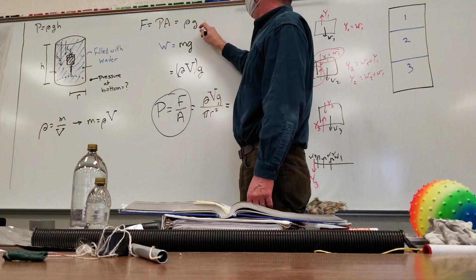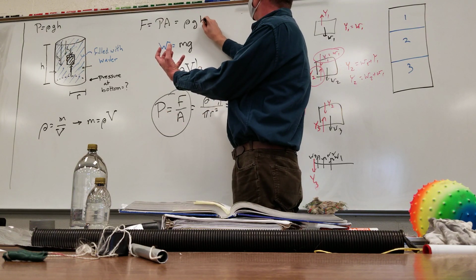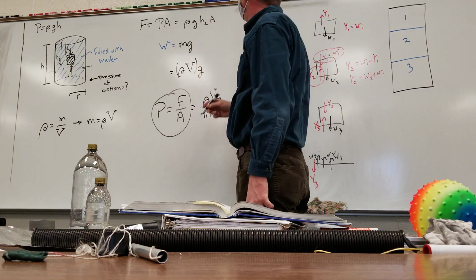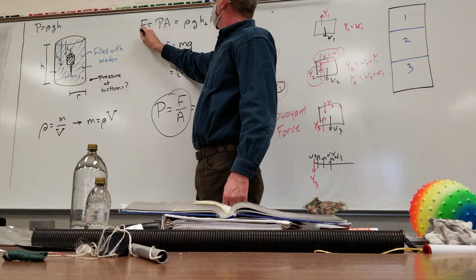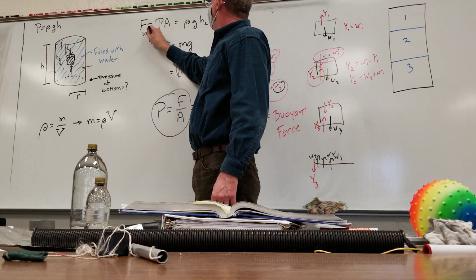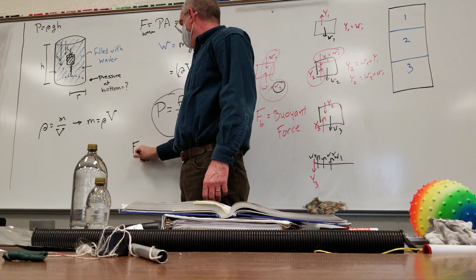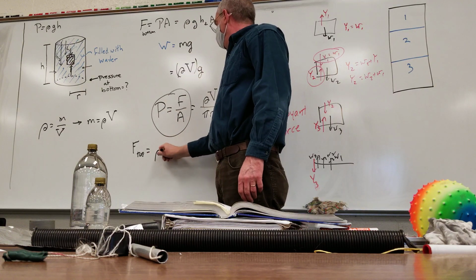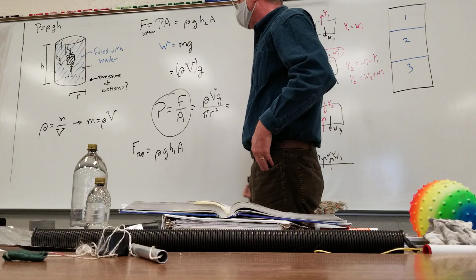So the force acting upwards is rho g h2 times the area of whatever this thing is. This is the force from the bottom. The force from the top, that's what's pushing down, is rho g h1 times the area of my object.